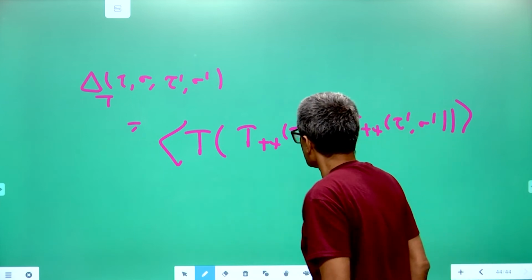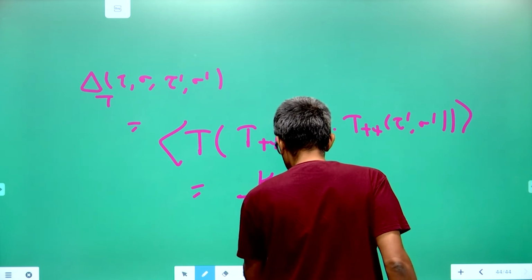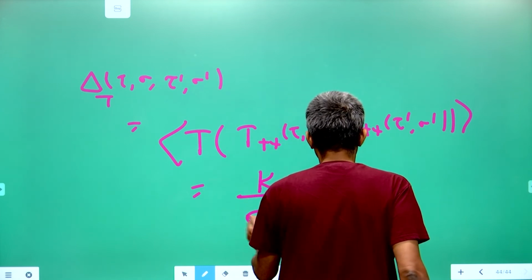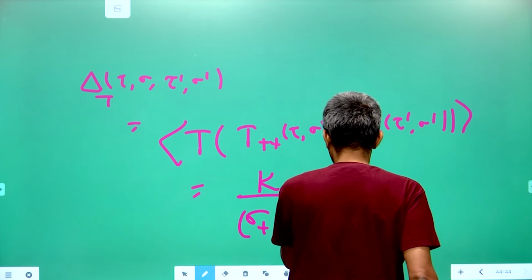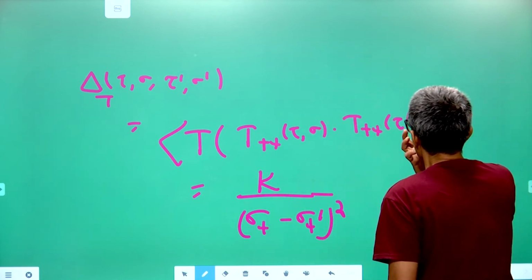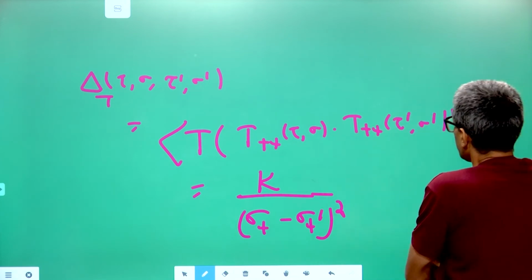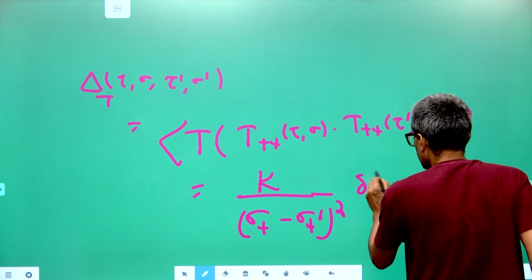If you compute this, you get simply some constant k divided by (σ⁺ − σ⁺')⁴. Besides anything else, there will be a delta function of time, δ(τ − τ').